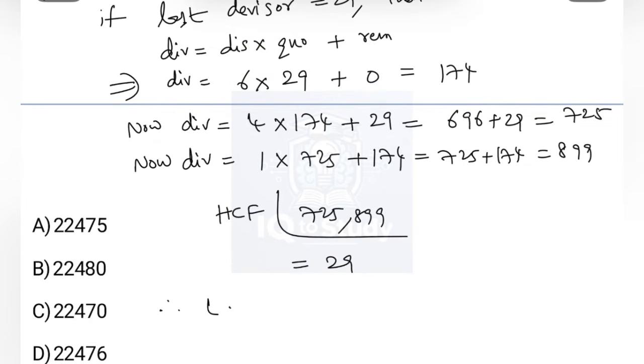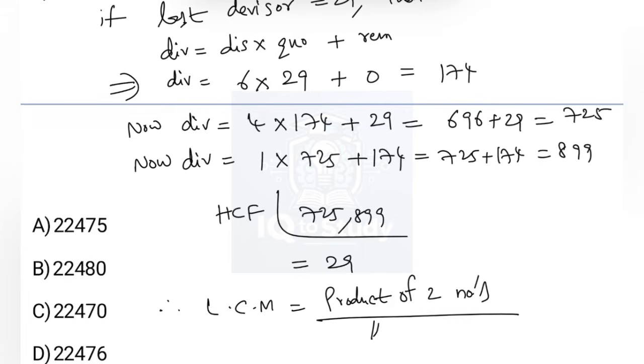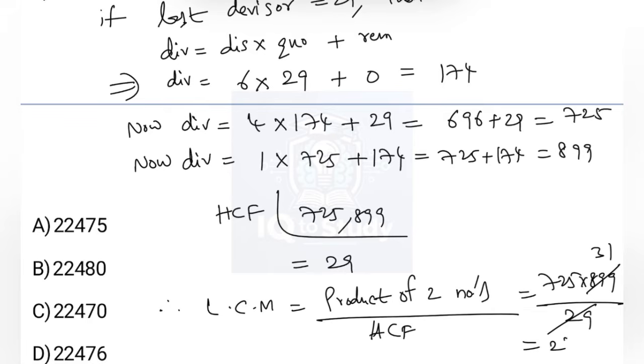So LCM is equal to product of two numbers divided by HCF. Here the two numbers are 725 and 899 and HCF is 29. So the answer is equal to 22,475.